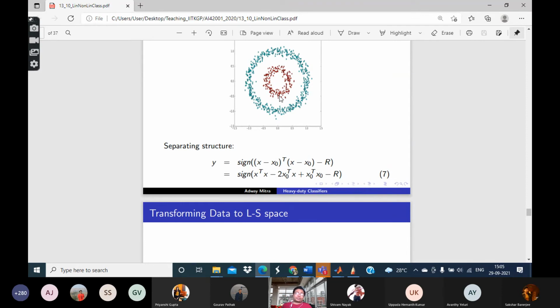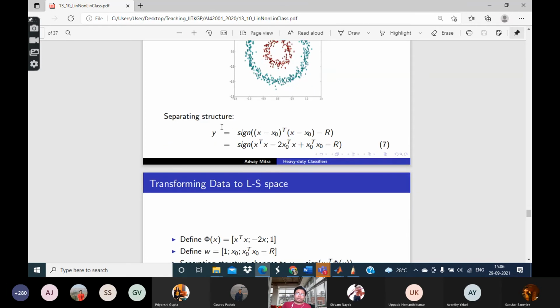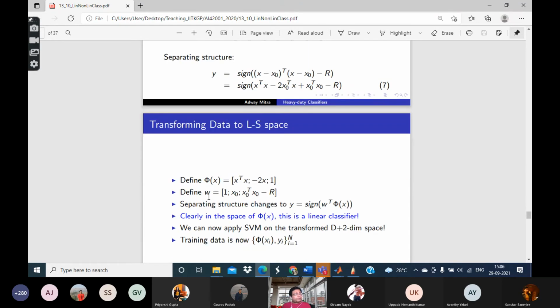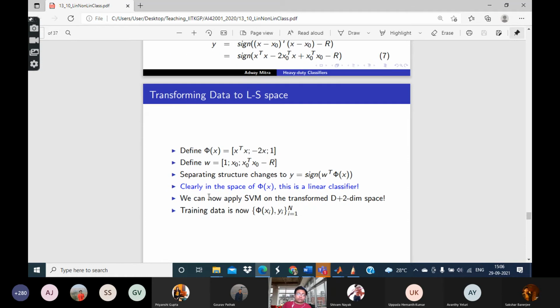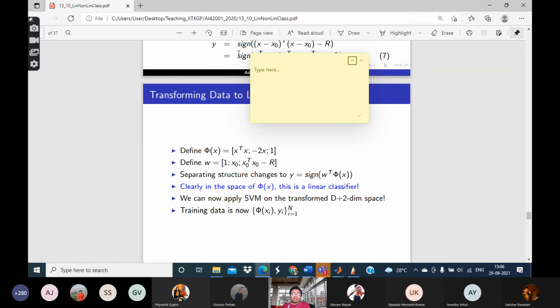I can understand that it is a circle with center at x naught and radius r. I can see all those things, so I can easily come up with what is phi x and what is w. But in general, in normal conditions, you will neither be able to understand what is phi x, nor what is w, nor what the non-linear classifier should be.